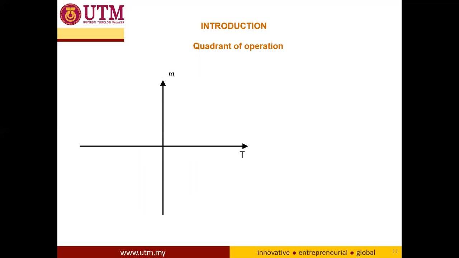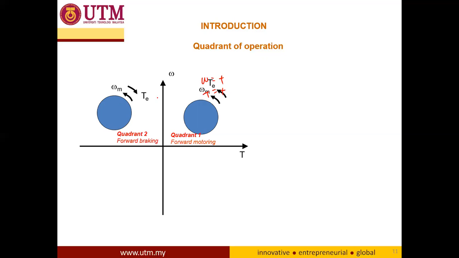If the speed is positive and the torque is positive, this is what we call forward motoring. That is quadrant number 1. Quadrant number 2 is where the speed is positive but the torque is negative.